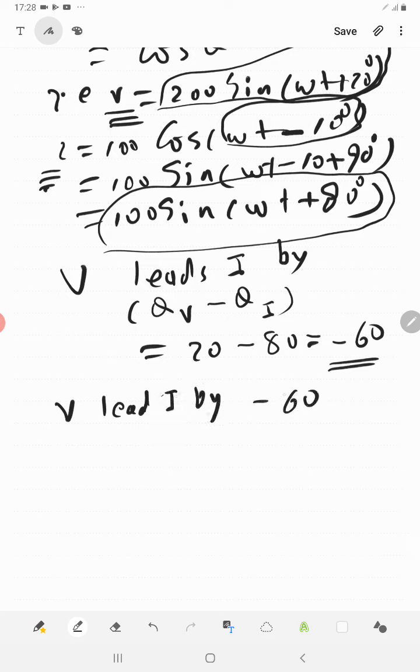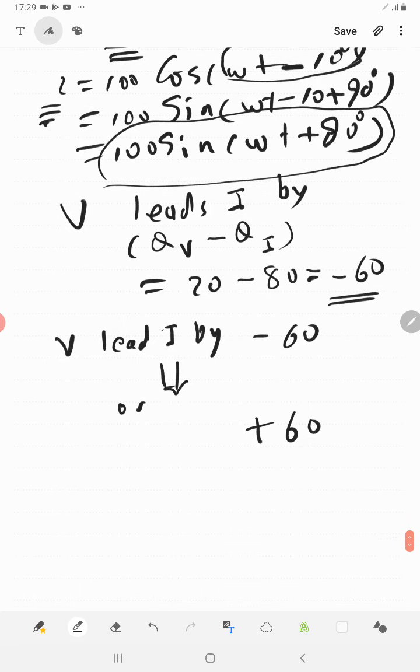Now, you may not like it that way. You want to change this minus 60 to plus 60. It's the same. So that's one operation. The second operation, we can change, for example, leads to lags. We keep V and say V lags I by plus 60 degrees, okay?